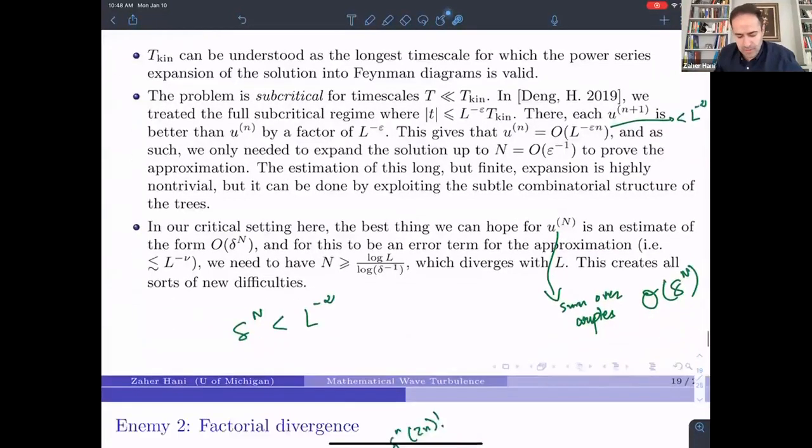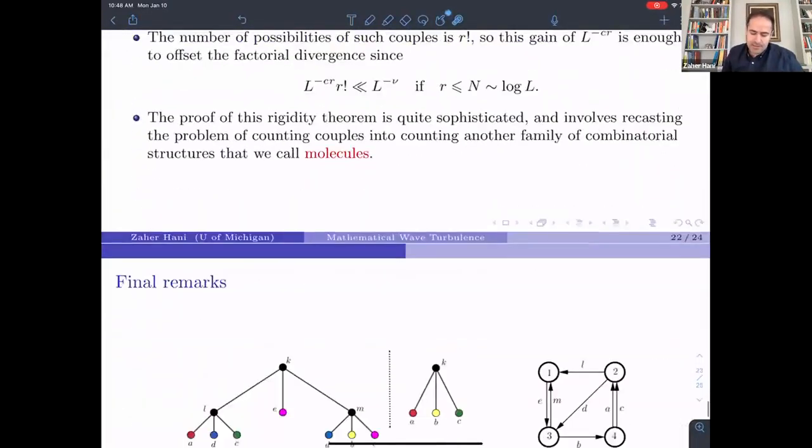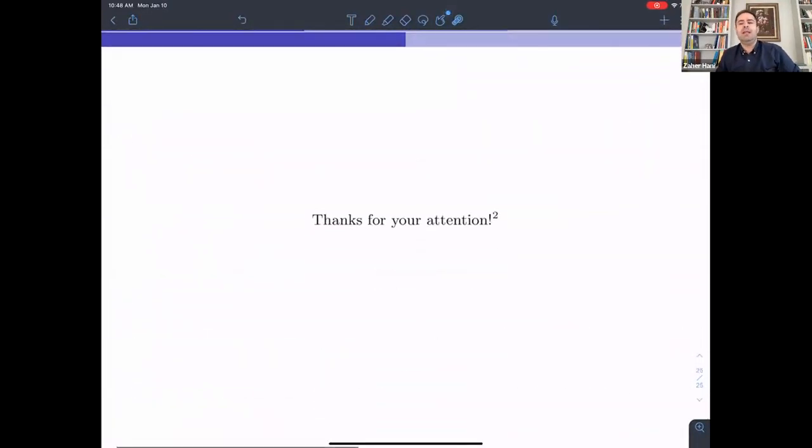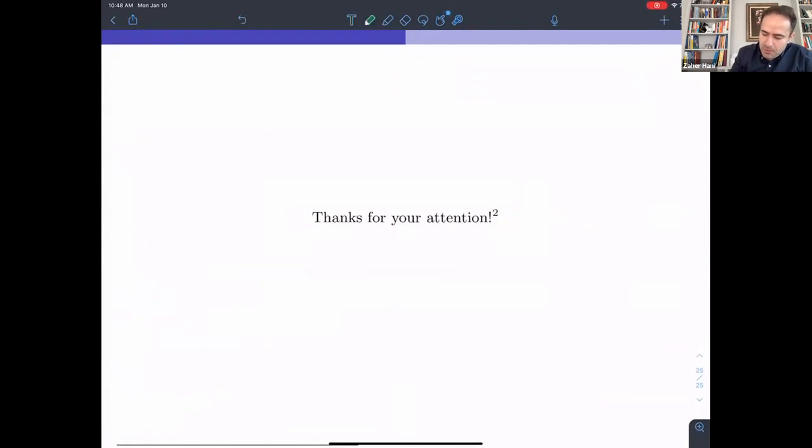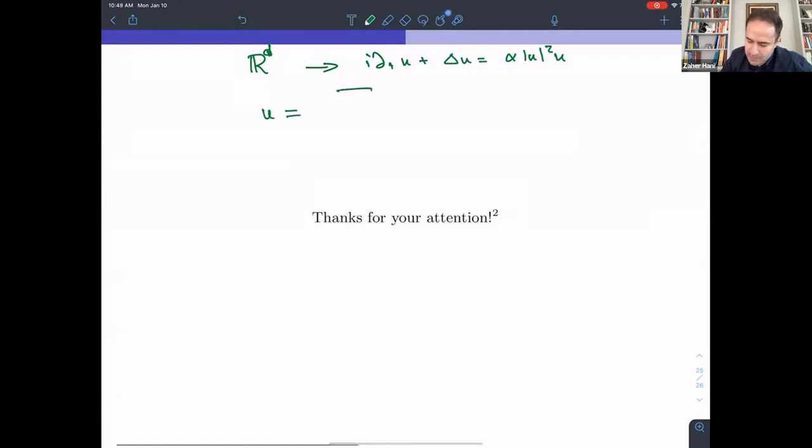Yeah, absolutely. In that setting there's some level of freedom in how you choose the initial data. We set the problem on R^d, considering NLS, for example, on R^d. In our current setting we take periodic data, the homogeneous case, if you like.